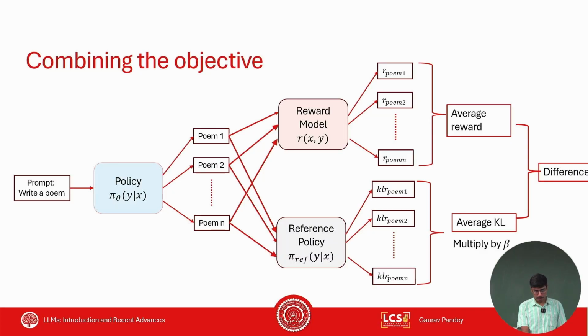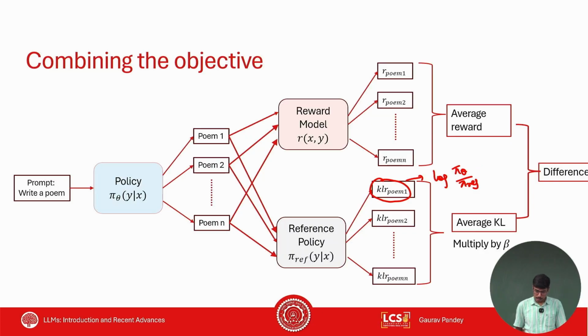For each output, we pass it through the reward model and get the reward of each output. Similarly, for each of the outputs we compute the log probability under pi theta, the policy that we are training, and the log probability under the reference policy, pi ref. And we get both of these quantities and compute the difference, log pi theta minus log pi ref. That's what this KL term that you see here is. It's basically log of pi theta by pi ref.